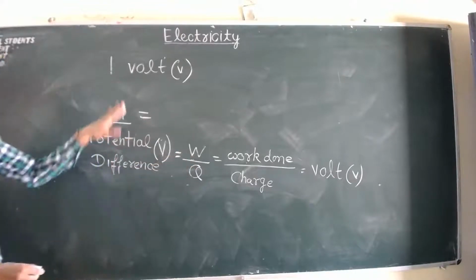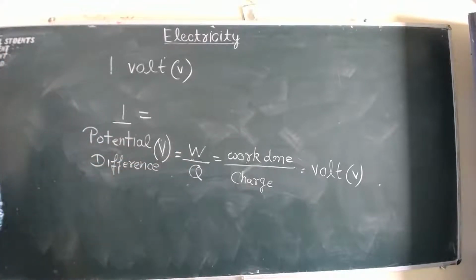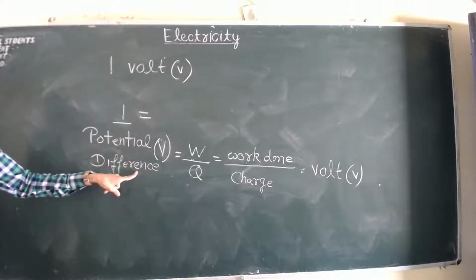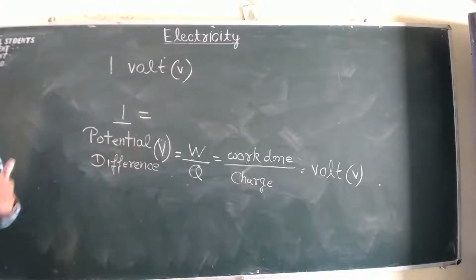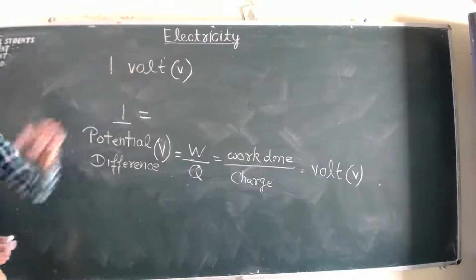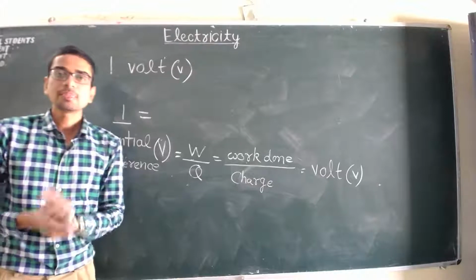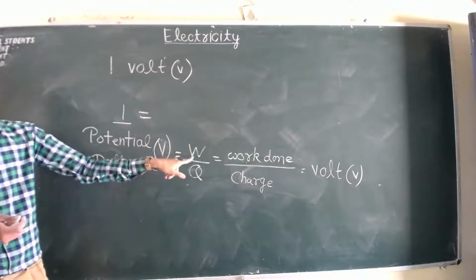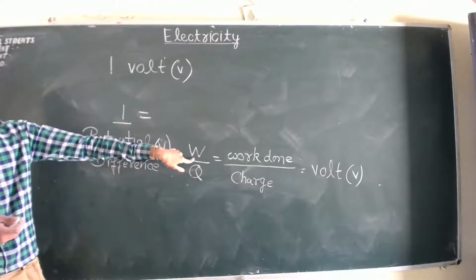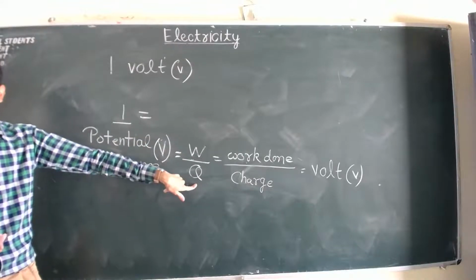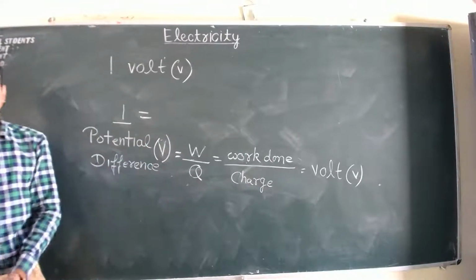So 1 volt is the potential difference. You have to define it exactly like the definition of potential difference. Potential difference को जैसे define करते हो वैसे ही 1 volt को define करते हो. 1 volt is the potential difference when 1 joule of work is done for moving a 1 coulomb charge from one point to another.